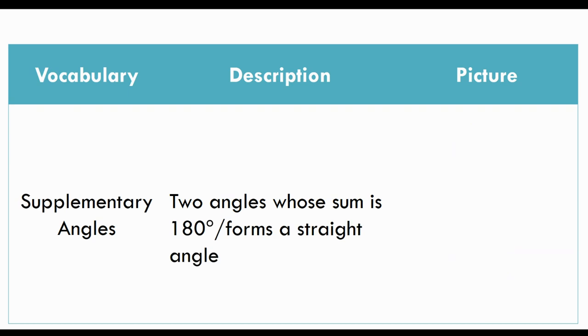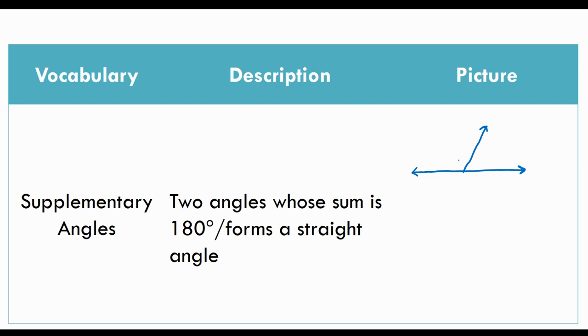So then the next vocab word is supplementary angles. Supplementary angles are two angles whose sum is 180 degrees. Or we can think of it as two angles that form a straight angle. So if I sketch a diagram, we've seen pictures like this in the past.